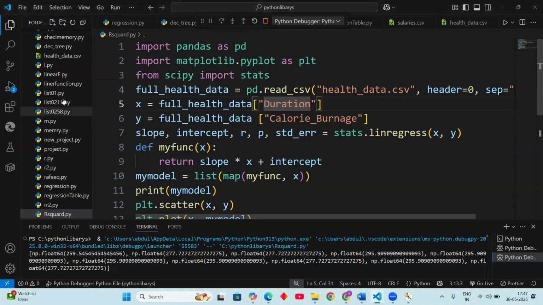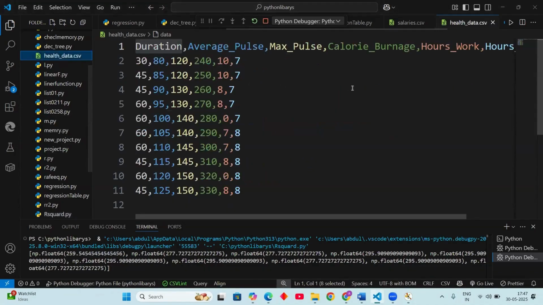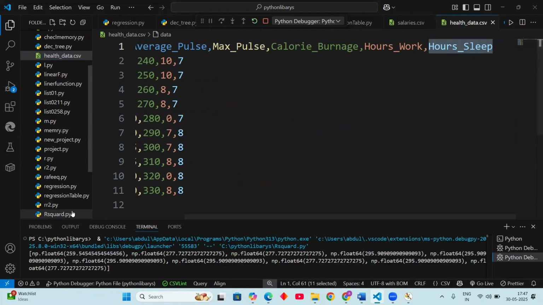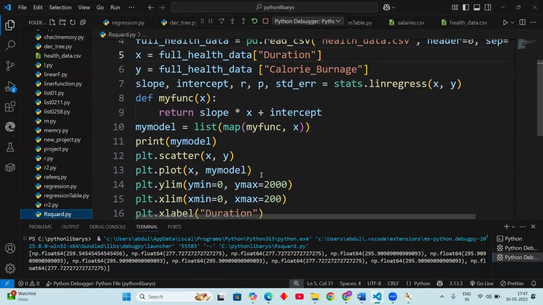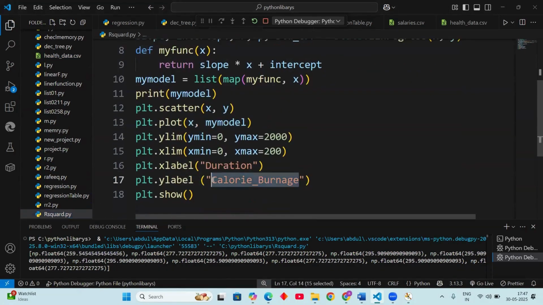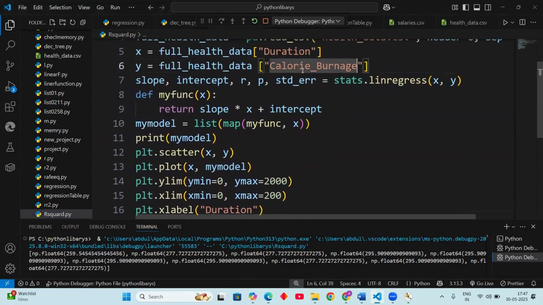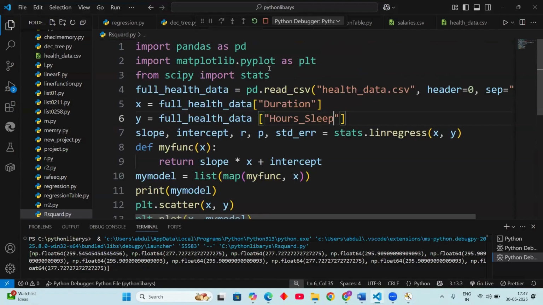So I want to present a low level, right? For the low level, I consider hours of sleep against calories burnage. Instead of this, I am changing my data for calories burnage to hours of sleep. Okay, now see the code. Now see the graph.